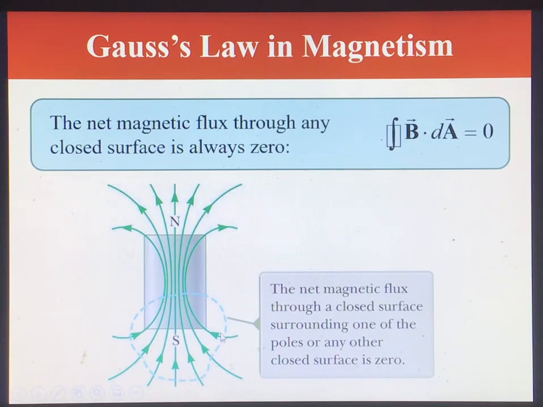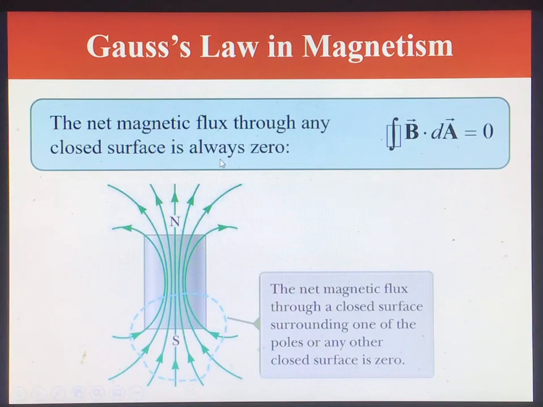When I calculate the flux at the bottom, the area vector is always pointing out, and at the top here, the area vector is also pointing out. If you sum all the contributions, you'll notice that the net magnetic flux is going to be equal to 0.